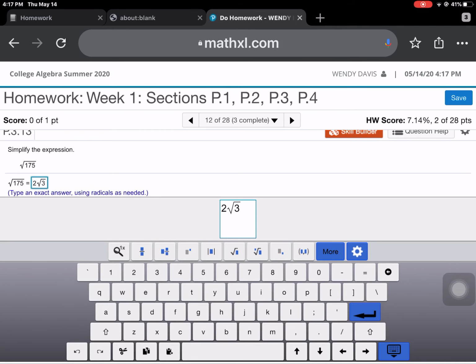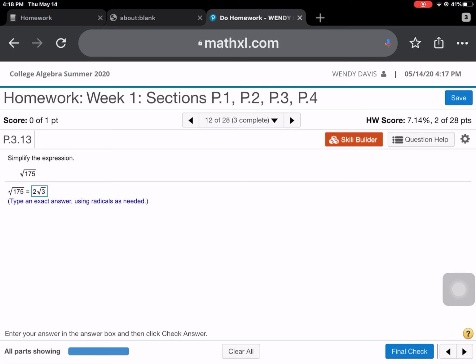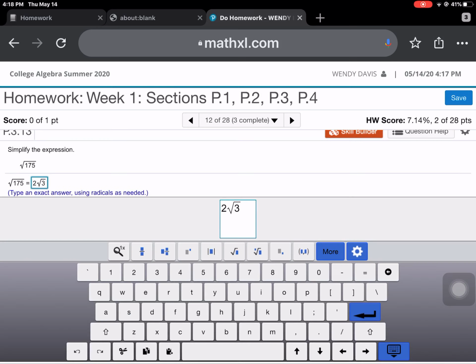Okay, I need a square root. To get a square root, you use that square root button that's on the top row. So I'm going to intentionally get this one wrong because I don't want to write it out.